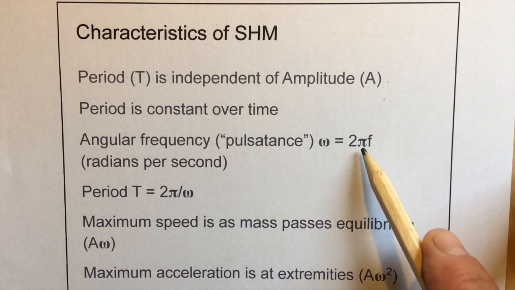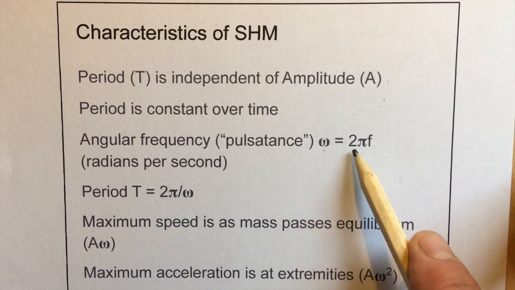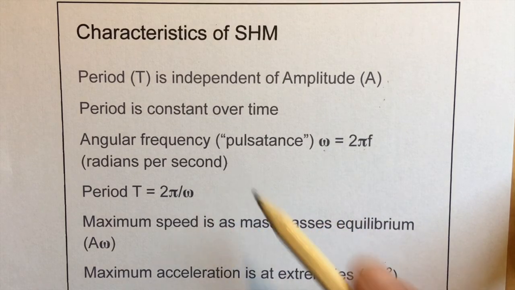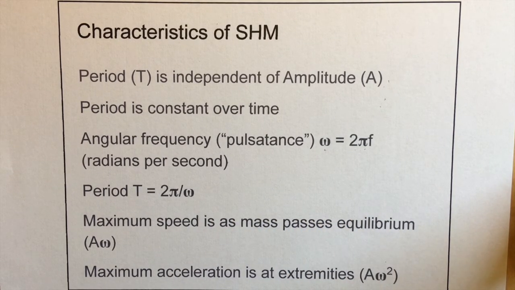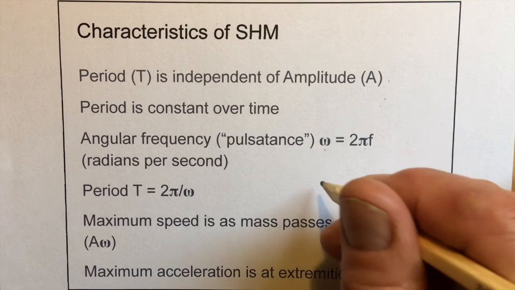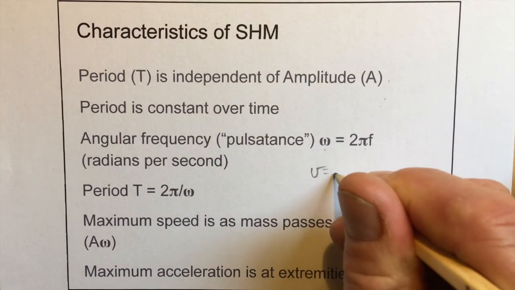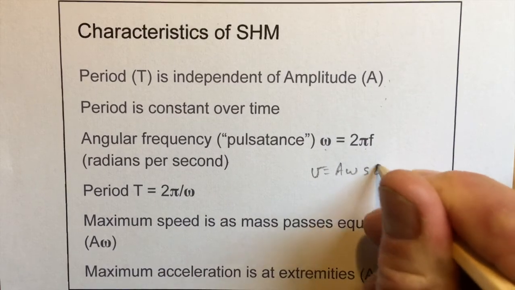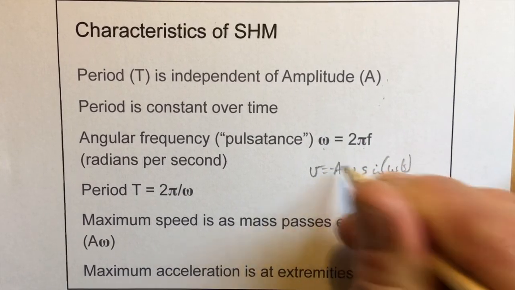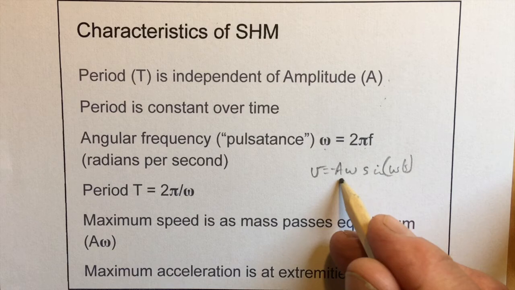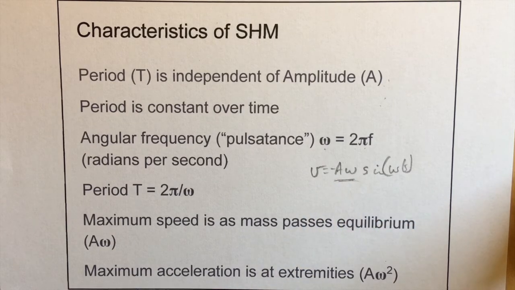But you've got this pulsatance is omega, which is equal to 2 pi f. That's measured in radians per second. The period is 1 over f, which is also 2 pi over omega. And because the equation for speed is a omega sine omega t, we had it negative there before, then the maximum value that can possibly have is a omega, because sine, the maximum value for that is 1.